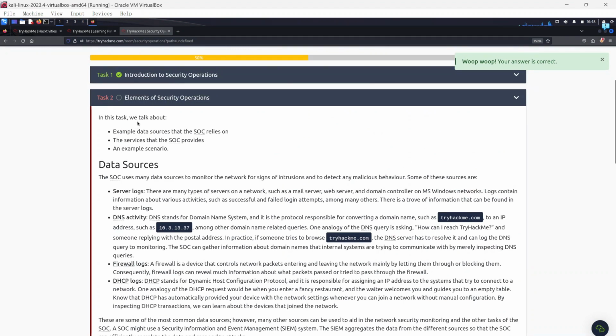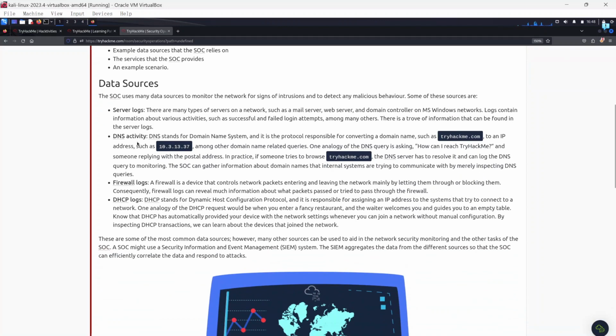In this task 2, elements of security operations. In this task, we talk about example data sources that the SOC relies on, the services that the SOC provides, and an example scenario. Now, data sources. The SOC uses many data sources to monitor the network for signs of intrusion and to detect any malicious behavior.